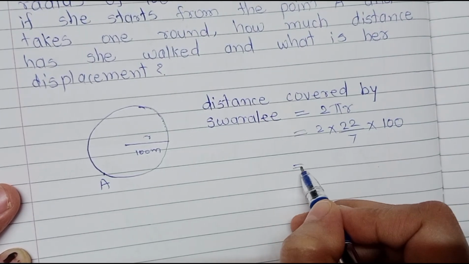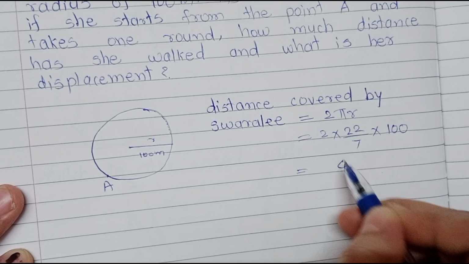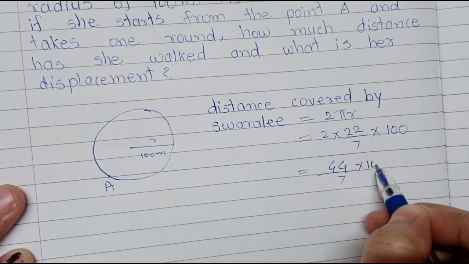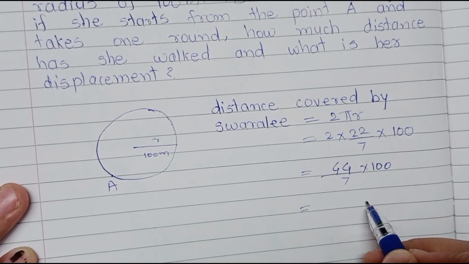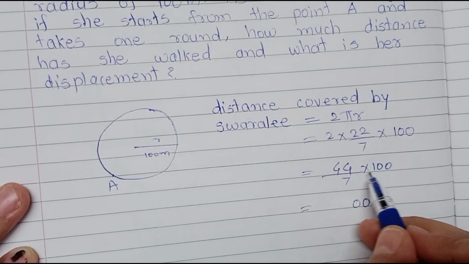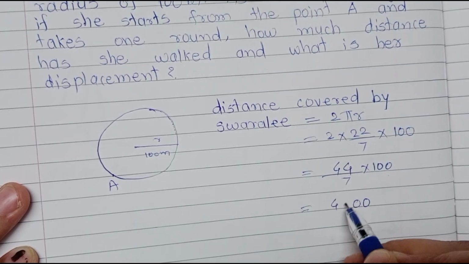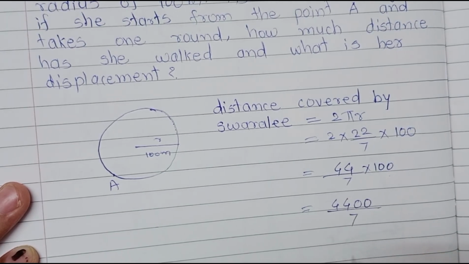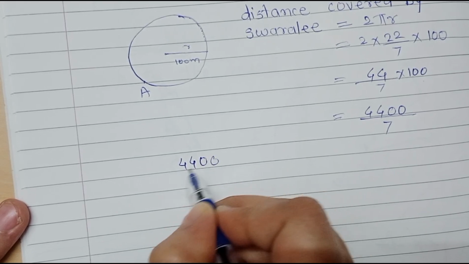Now 2 2s are 4, 4 upon 7 into 100. 4 zeros are 0, 4 ones are 4, so 4400 upon 7.